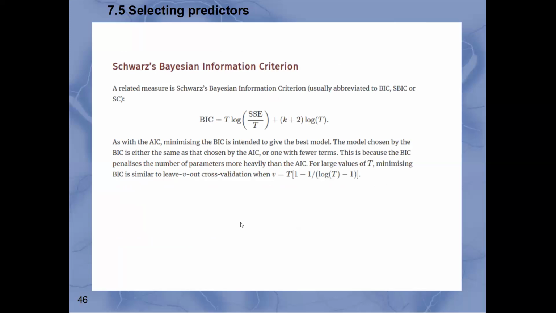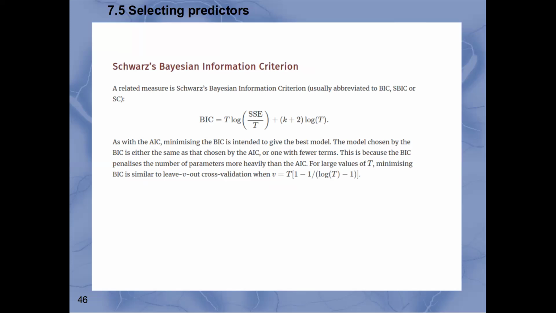We also have the Schwarz Bayesian information criterion, which is also a measure of how well your model is doing, and it uses the number of predictors. The more predictors, the more complex it is, and this will be a measure of it.